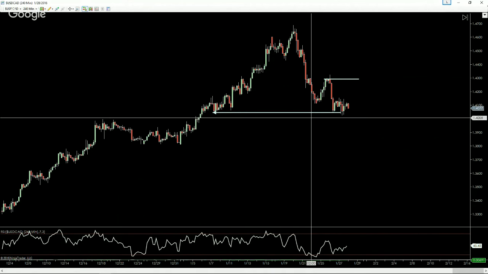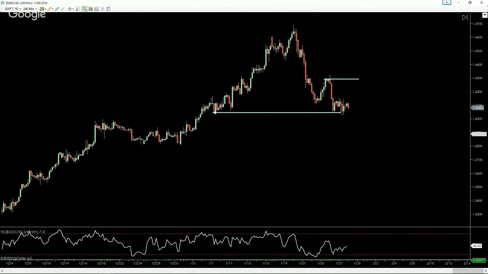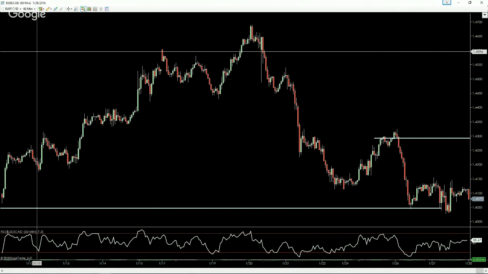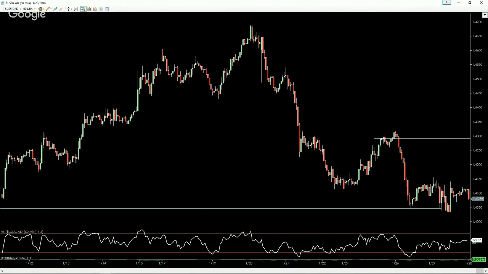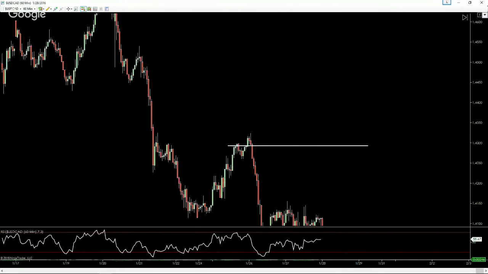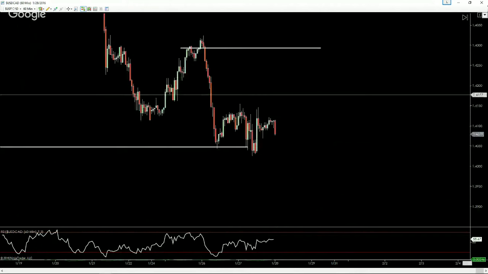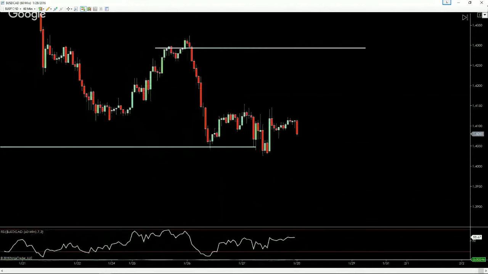This is not a bad opportunity, but this is something you want to take note of, the daily structure level. Let's go down to the 60-minute. Nothing much there.